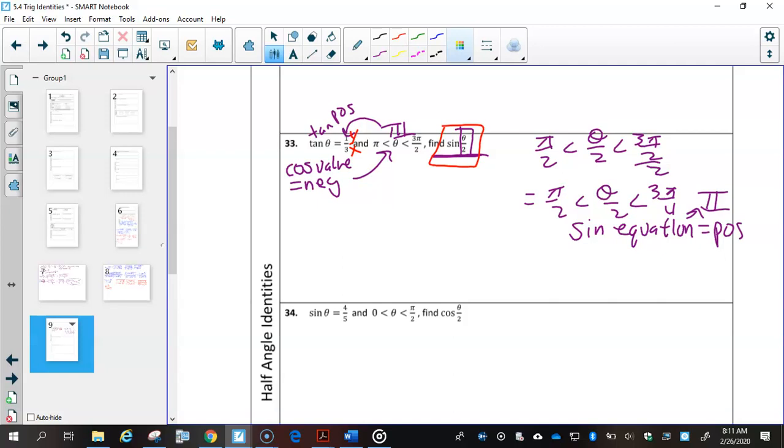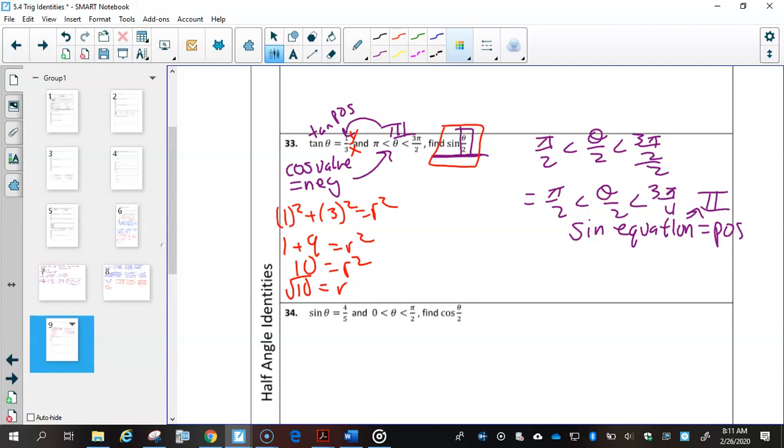So we're going back to that, using our Pythagorean theorem to find r, because we need to find cosine, and that's x over r. So r is going to be the square root of 10.